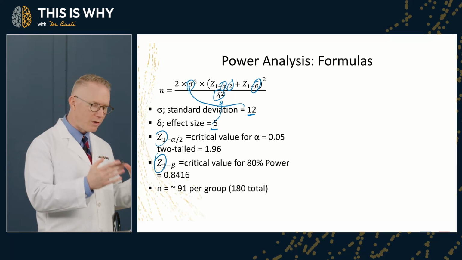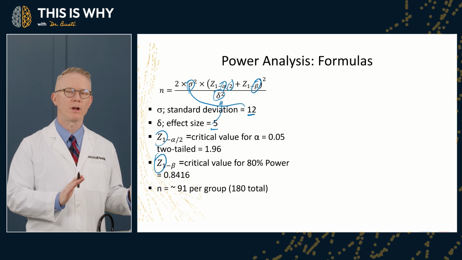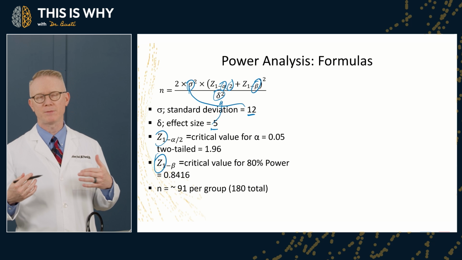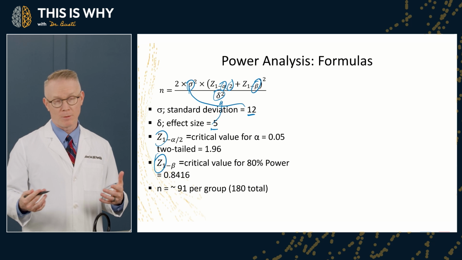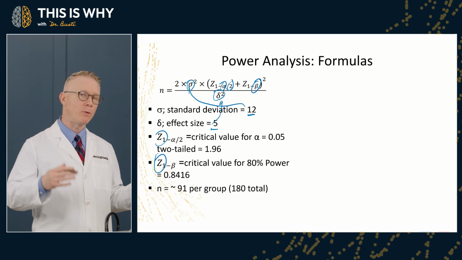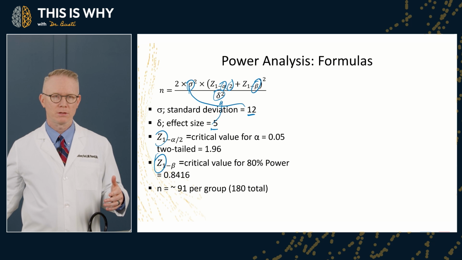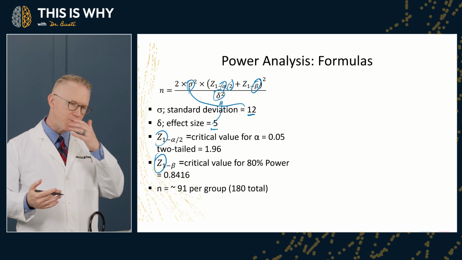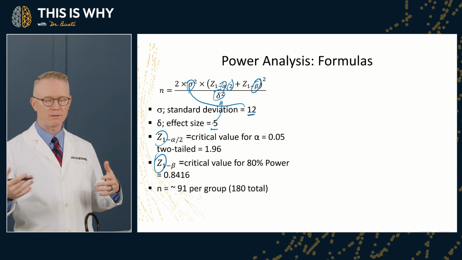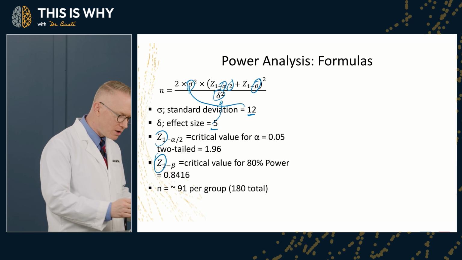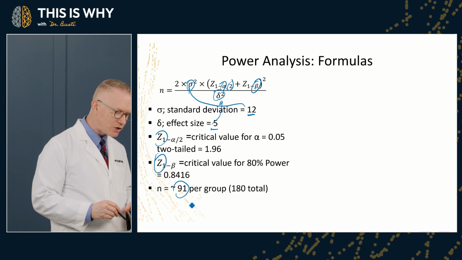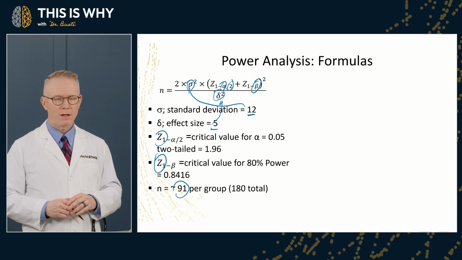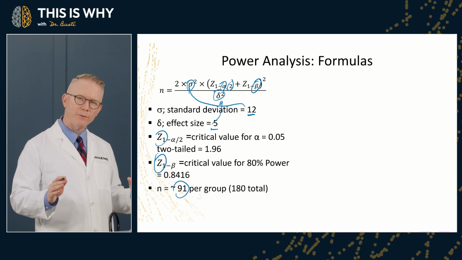But if you're on the research development side, protocol development, you may have to do this and actually provide it, because many times the IRB protocols are more detailed and in-depth than what you finally publish. You just tell people in summary format what you did, and if they really want to press it, they can look into it. But you calculate it, and you get roughly 91 patients per group. It's not perfect, it's not exact science, but that's roughly what it is.